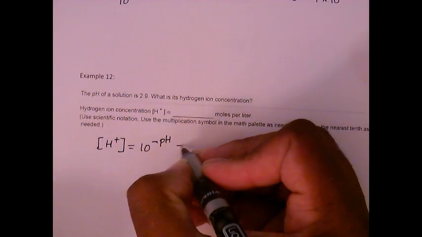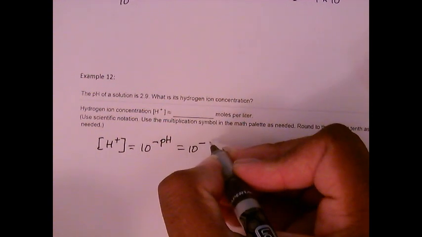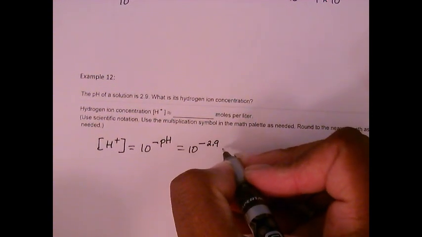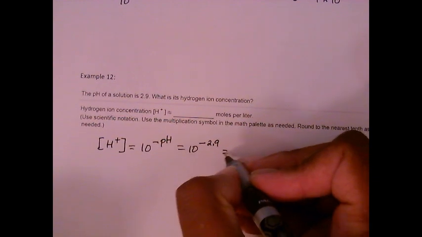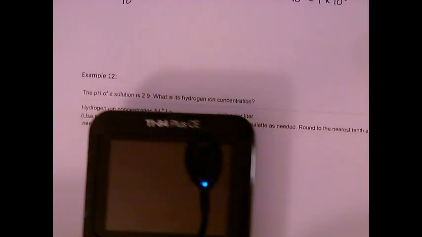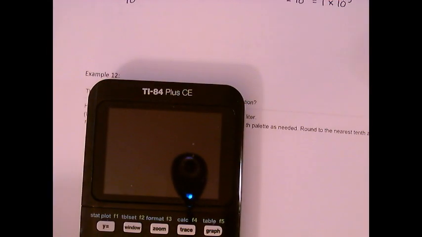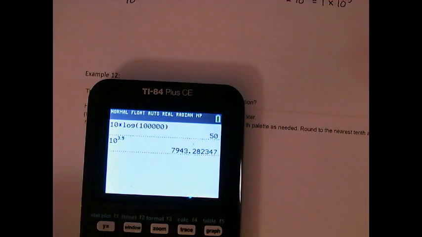So your pH was 2.9, so we do 10 to the negative pH of 2.9. This can be typed in the calculator: 10 hat and then negative 2.9.